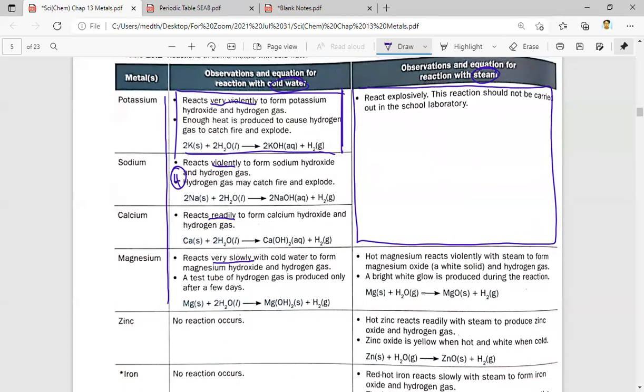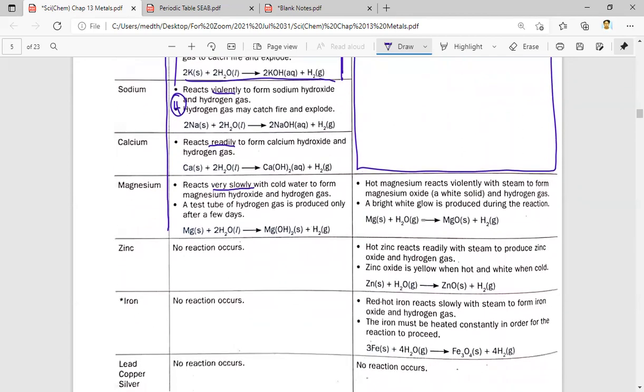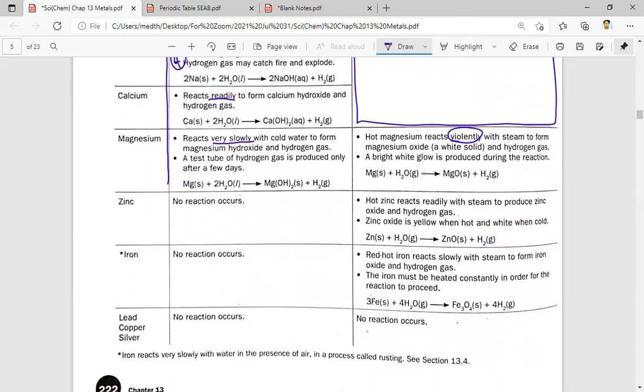Now, steam is actually just very, very hot water, but in gas form. If it is steam, potassium, sodium, calcium will react explosively. So it's a very, very dangerous reaction. Magnesium will react violently, so you can see that's why it's less reactive than calcium.